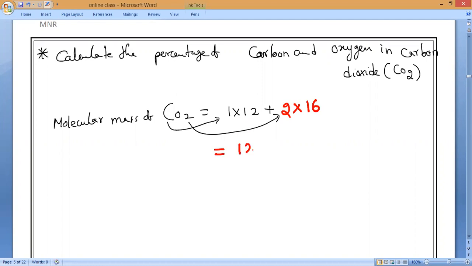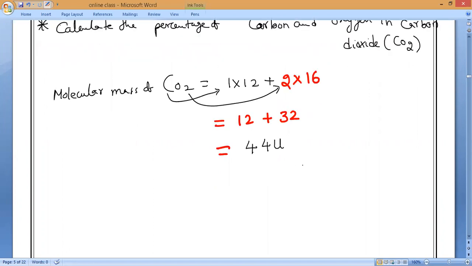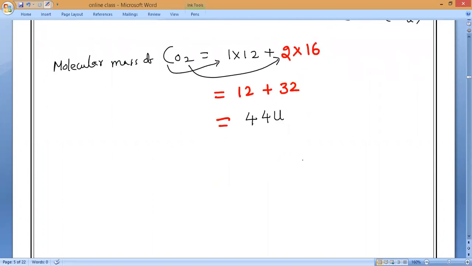So 1 into 12 is 12, plus 2 into 16 is 32. Total is 44 u. This is the total molecular mass.